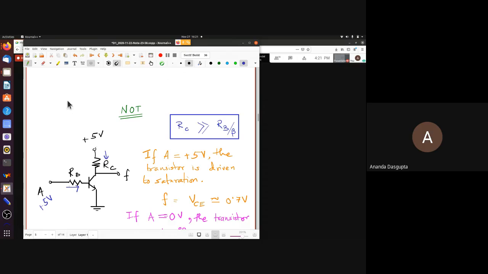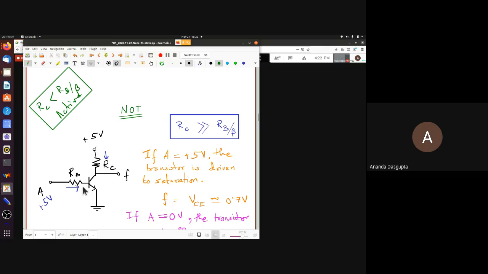Here, the condition that you would end up with is actually exactly the opposite of this condition. You would want RC to be less than RB by beta. This is for active. Smaller drop across RC despite having beta times more current, so that the collector ends up above the base. Here, we are doing exactly the opposite.